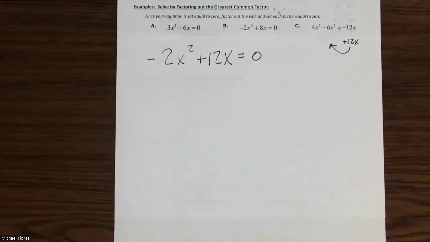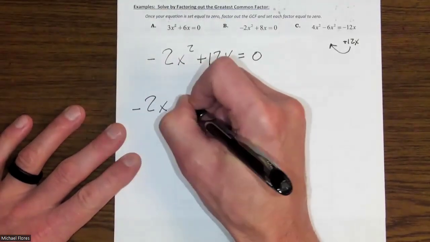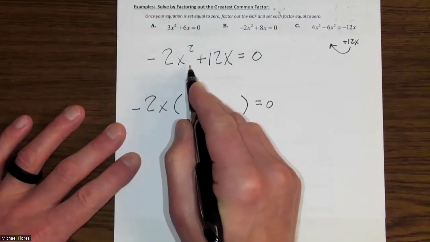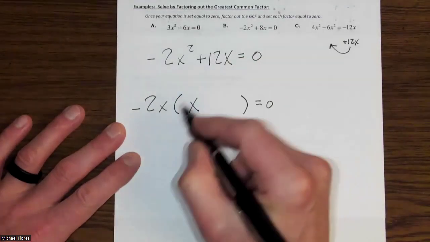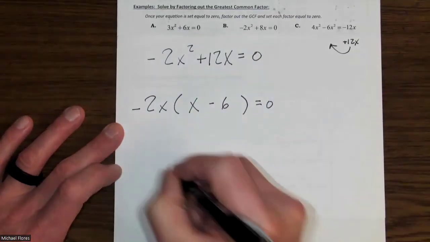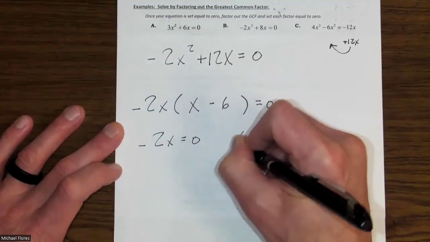And now we can factor out the greatest common factor, which would be negative 2x. Open your parentheses. Negative 2x squared divided by negative 2x is x. 12x divided by negative 2x is negative 6. Now set your factors equal to 0 and solve them.